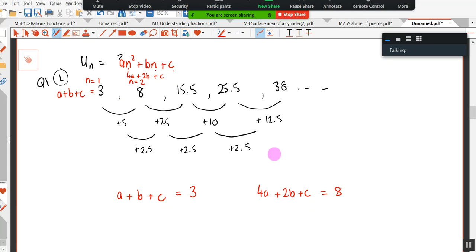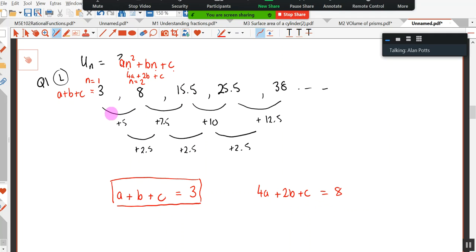But I don't need both of them, I only need one. I could use any of them, but why would I pick this one over this one? It's the simplest. Exactly, there's only one a. It's nice and easy. This one could be easy to do, but it's slightly more numbers.